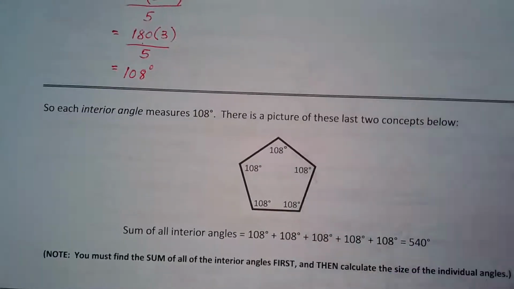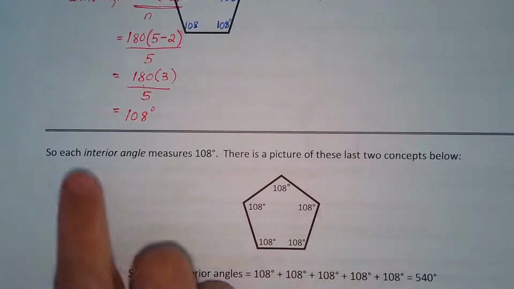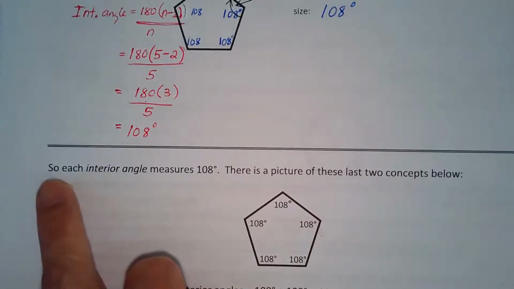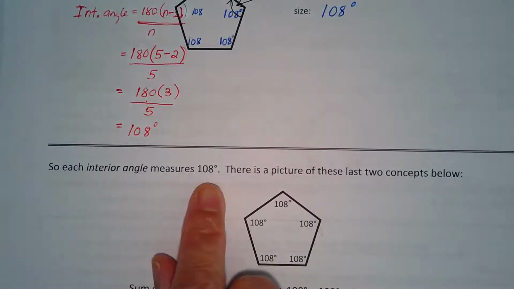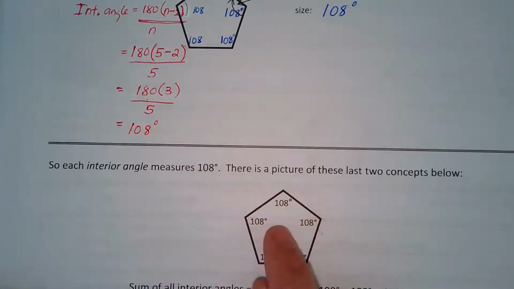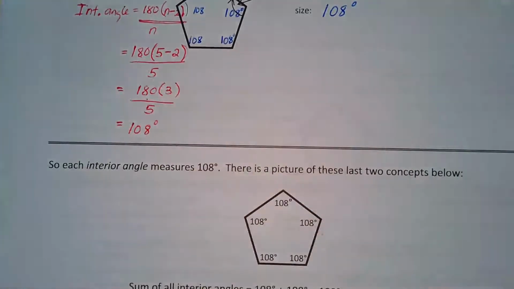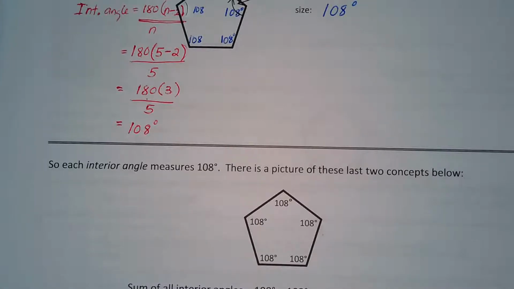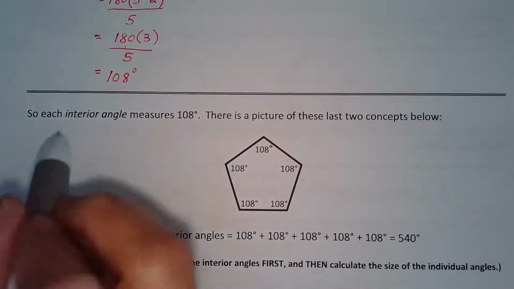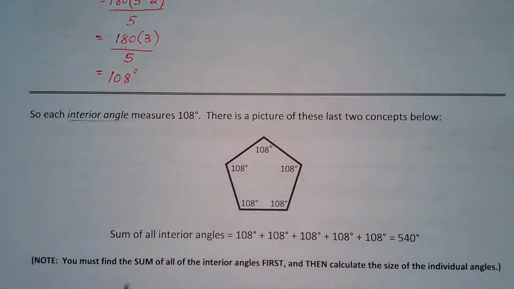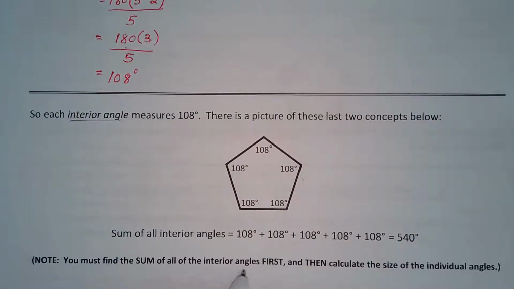Okay, so they repeated this again. Each interior angle measures 108 degrees, and then there's a picture here, which we already did up above. So to do this, we first figure out the sum of all interior angles and then calculate the individual angles.